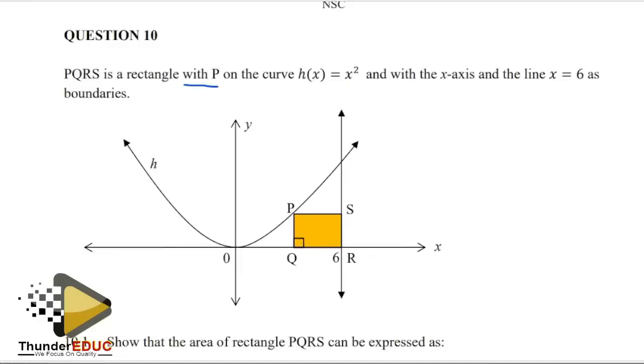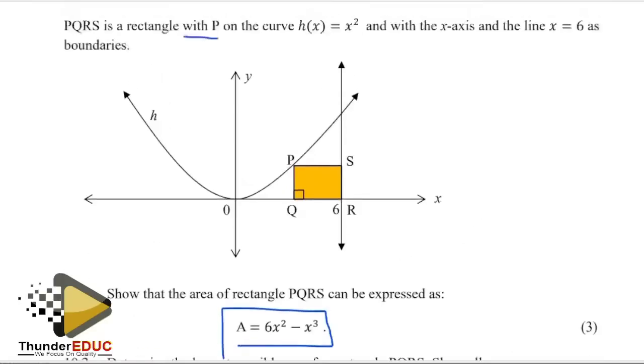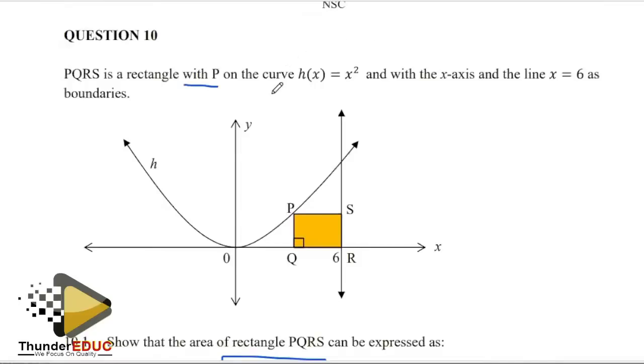Can we show that the area of PQRS can be expressed like that? So in this case, they'll give us a formula, which we shall move towards. So this is what they are looking at. Now, what did they give us? They gave us the equation of h as x squared.